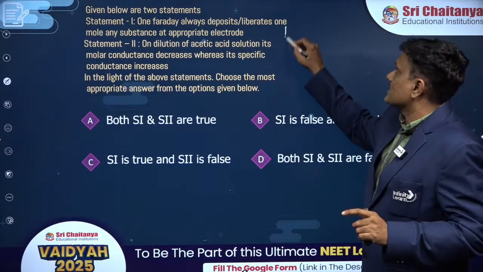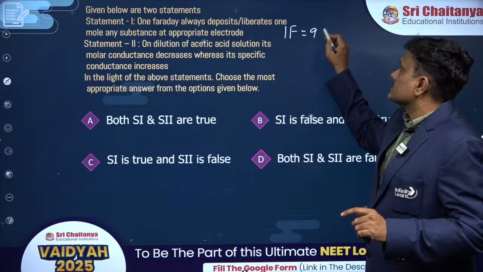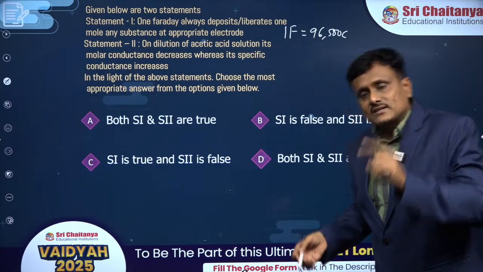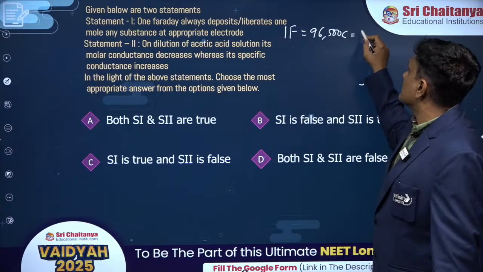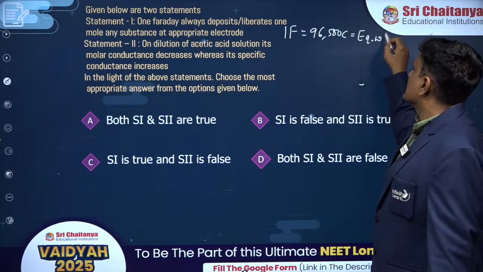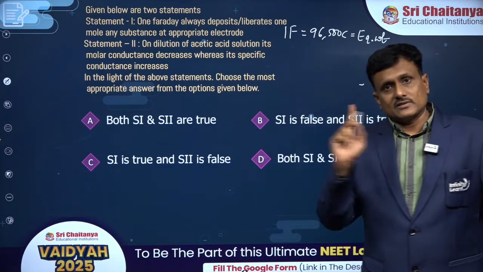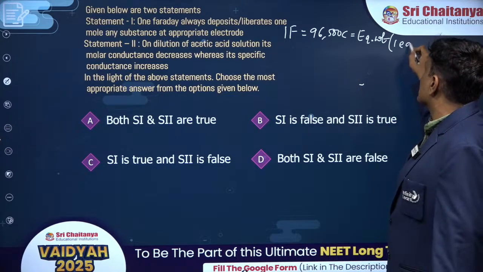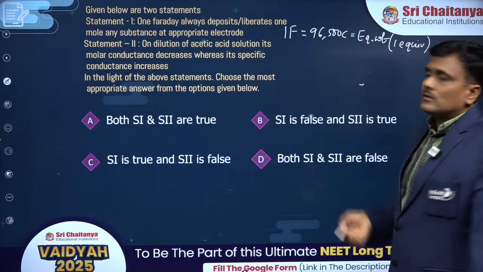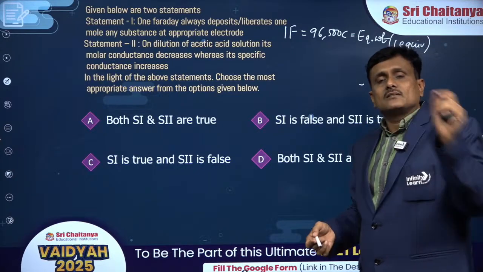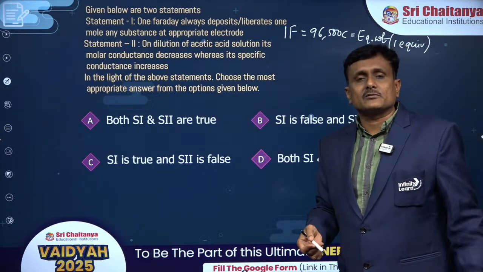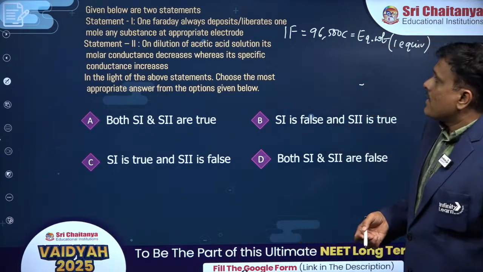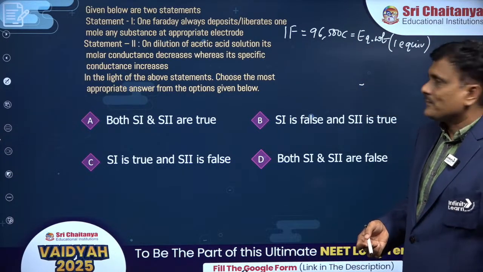Always remember, 1 Faraday, which is equivalent to 96,500 coulomb, will deposit 1 equivalent. 1 equivalent means equivalent weight many grams. 1 Faraday is always equal to equivalent weight, not molecular weight. People think that it is 1 mole. No. Equivalent weight comes when you divide molecular weight by the n factor. So they are not the same. So that is not correct.